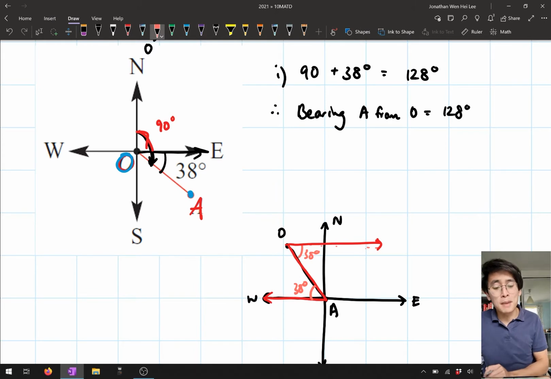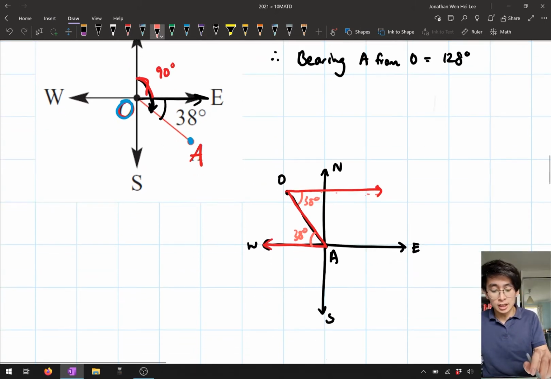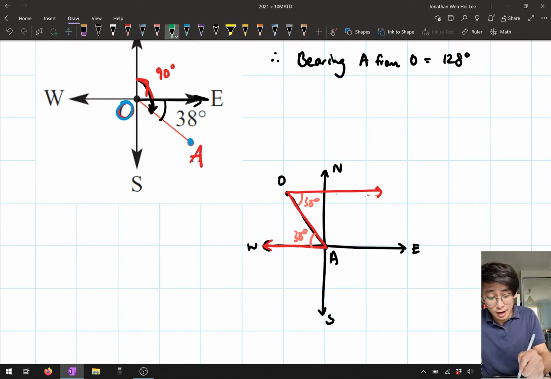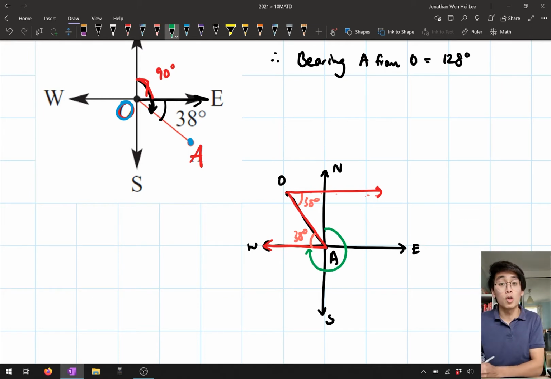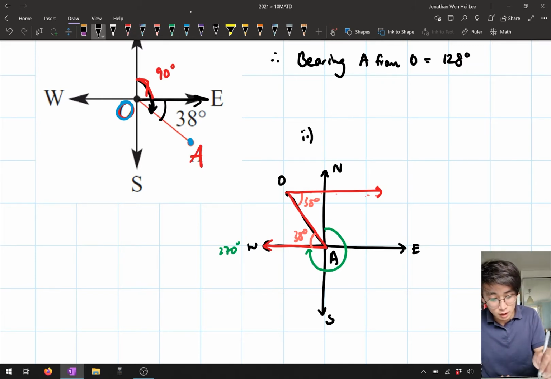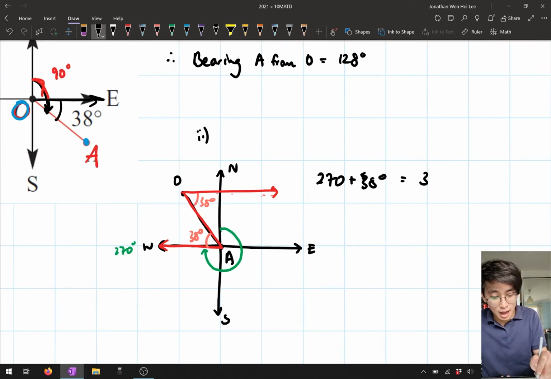And so if I want to find the bearing of O from A, I need to go, okay, that's 38 degrees there, but I also need to add on this whole angle from north all the way to west. That's 270 degrees because west is at 270 degrees of a bearing. So for part 2, I'm going to go 270 plus 38 degrees, which gives 308 degrees.